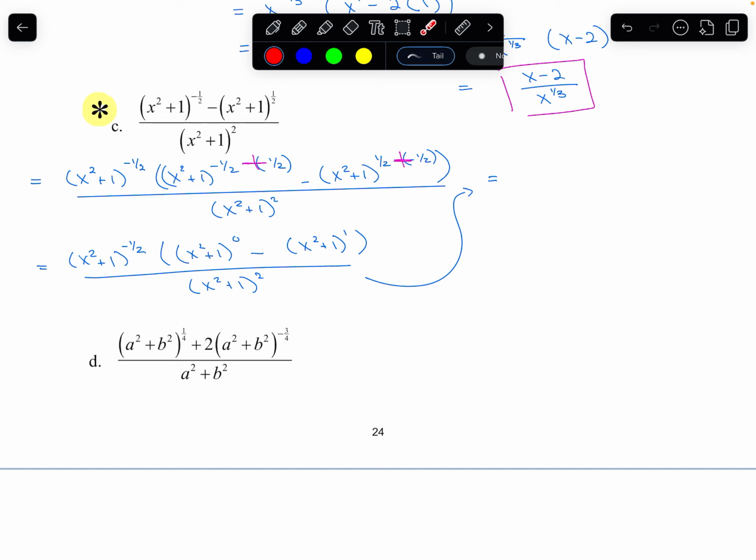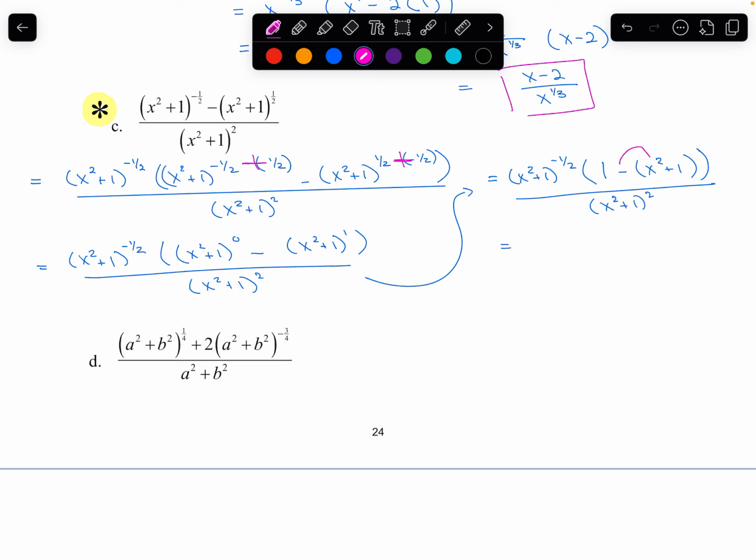Remember, any base raised to the 0 power will go to 1. So I have x squared plus 1 to negative 1/2, then 1 minus x squared plus 1, all over x squared plus 1 quantity squared.